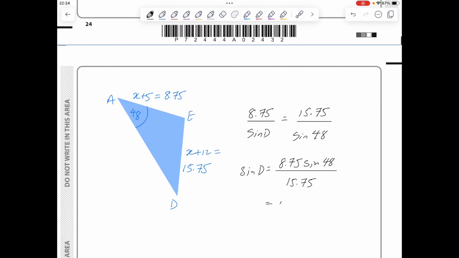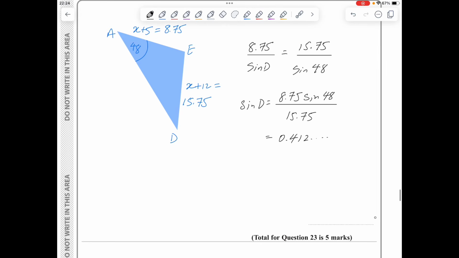This comes out to be 0.412 and so on. Therefore, D is the inverse sine of 0.412 and so on. Use all the digits on your calculator, and if you put this on the calculator, you're going to get 24.4 degrees to 1 decimal place.